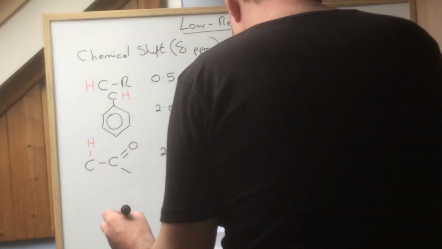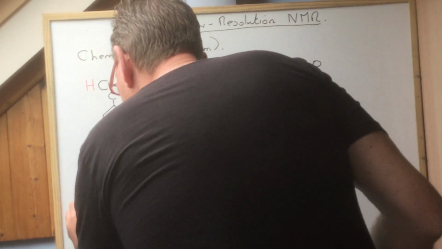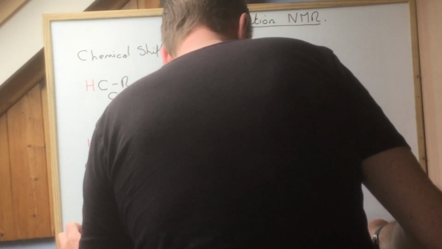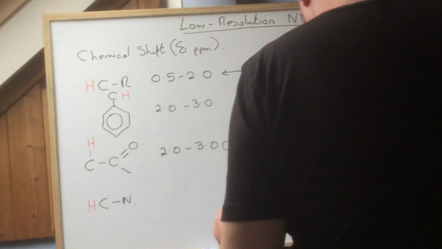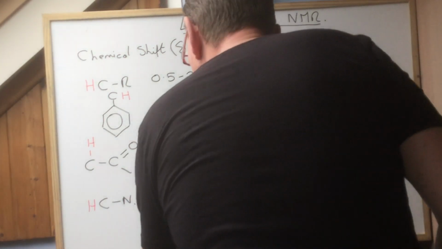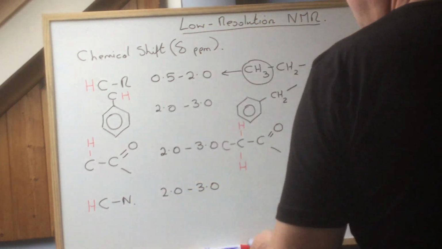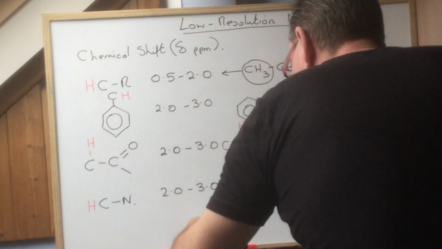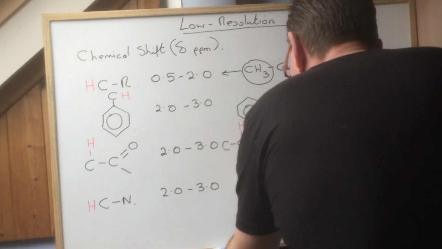Then we've got a couple more which I want to squash on for you. H, C, N. Okay, so that is again 2 to 3. Now that there is probably going to be something like this. That's a pain in the butt.